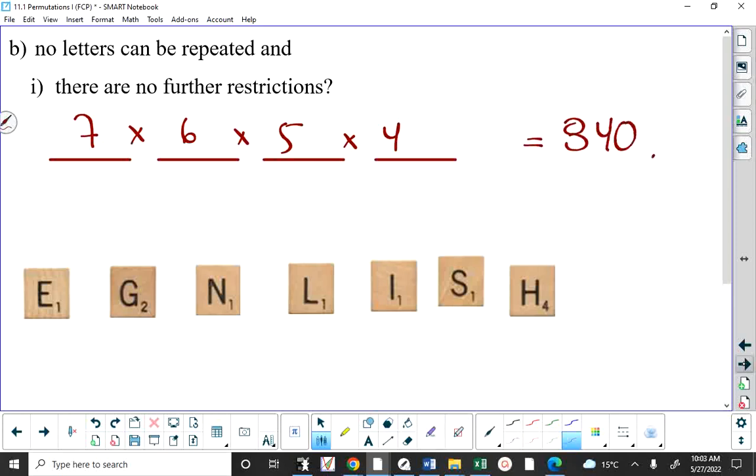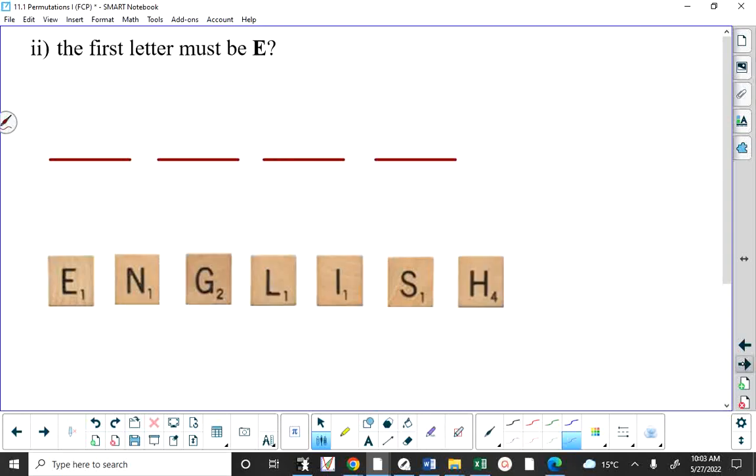Continuing with part B, where we cannot repeat letters, what if the first letter must be an E? Well, this has to be an E. And then this, it's not, all right, who cares? It's not that we don't care, it's that it doesn't matter. That's my point.